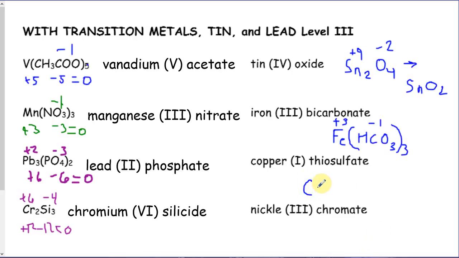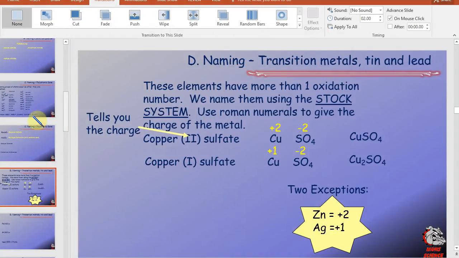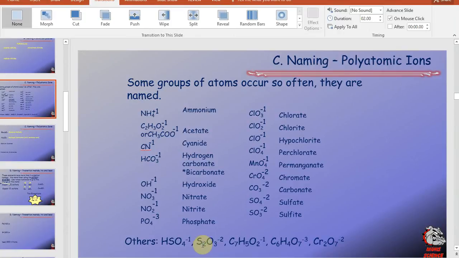Copper 1 thiosulfate, we have Cu. Thiosulfate is S2O3, I hope. Hope I got that remembered right. I'm going to have to go back here to my polyatomic ions. S2O3 with a -2 charge.